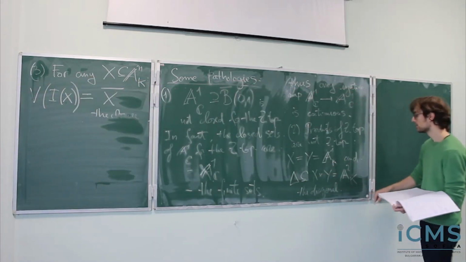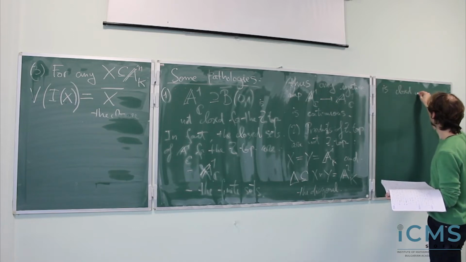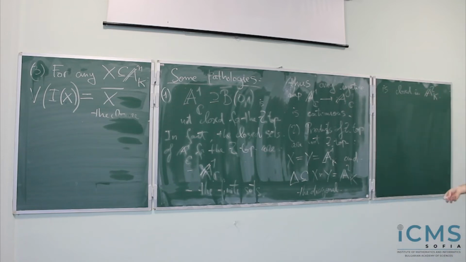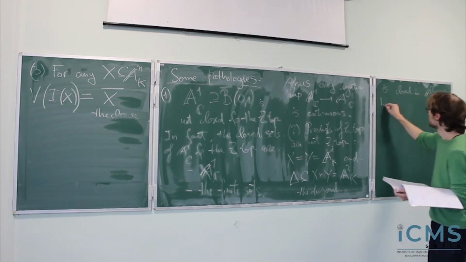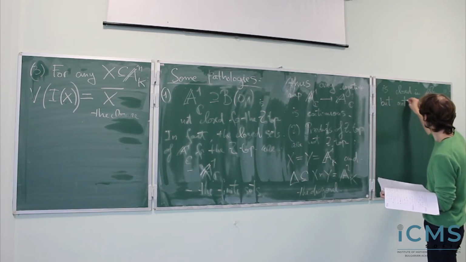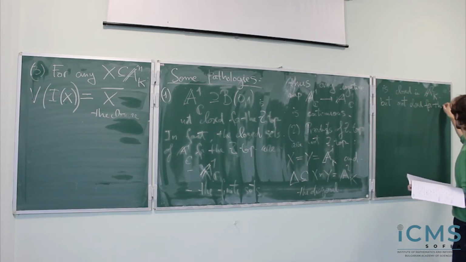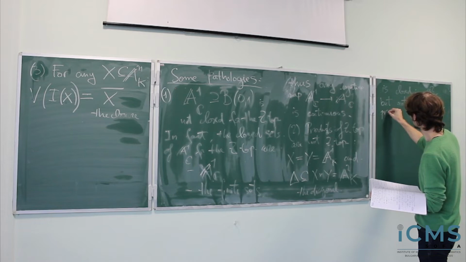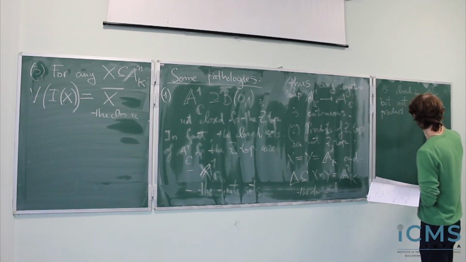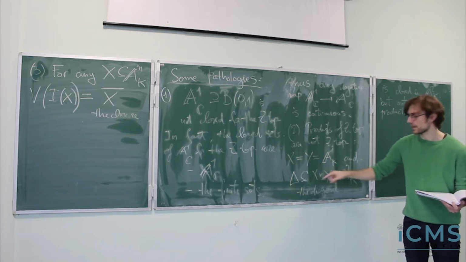So this diagonal is closed in A2 of K for its Zariski topology still, but not closed for the product topology of the two lines.